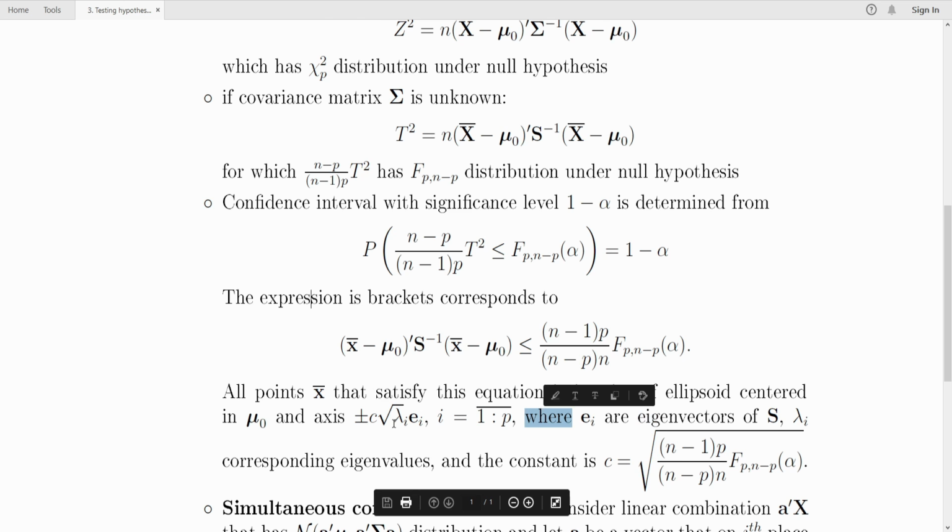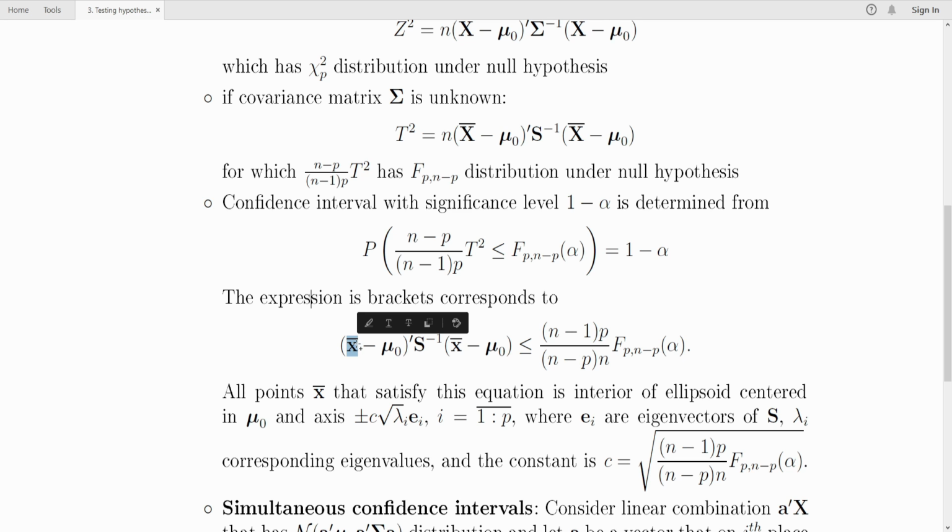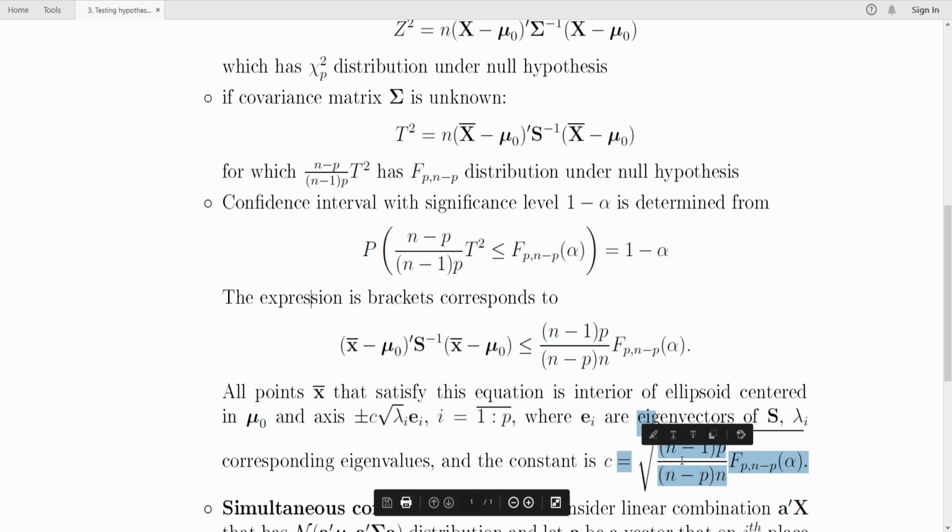We determine c from the fact that this one has a Fisher distribution. This is how we find our c. So the ellipsoid is centered in x̄, and the axes of the confidence ellipsoid are these, where c is given as this number here, the square root of our value.